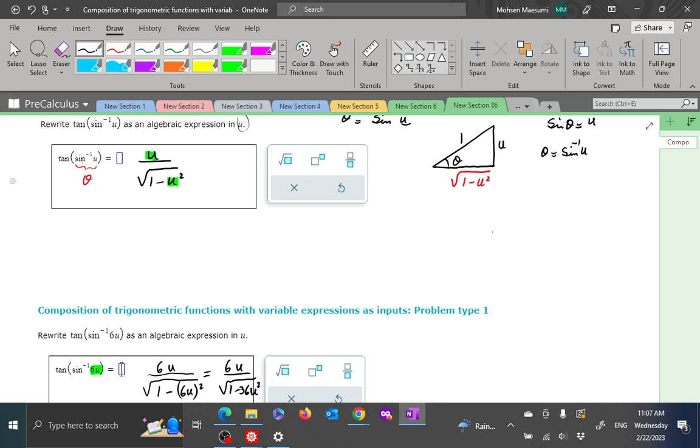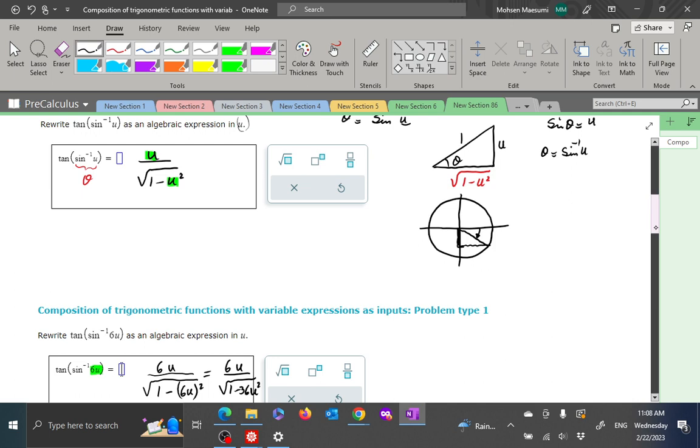That is, we are in the unit circle, looking at u, and u is some negative value. The angle that we are looking at would be this negative angle, and the tangent of it will be negative as well. So if u is negative, this tangent will also be negative, and automatically the formula that we have will come out and give the correct answer. We don't need to do anything special for the case of a negative quantity u.